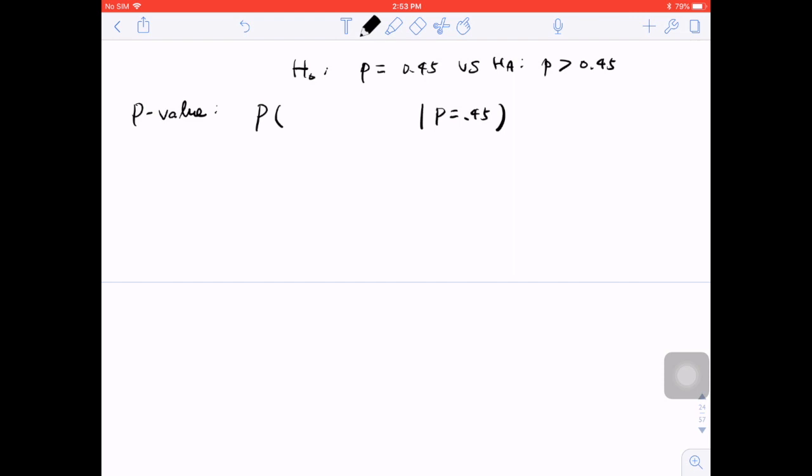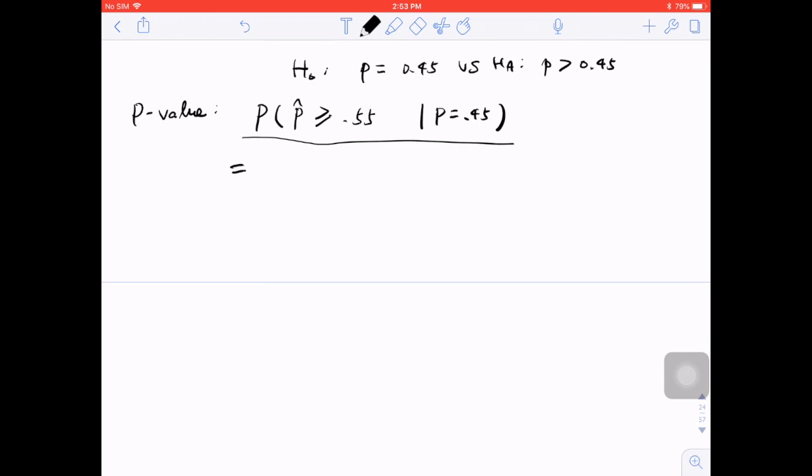And what we have observed is that p-hat is equal to 0.55. And if it goes more extreme, it means it's larger than 0.55. So what we have observed or more extreme means larger or equal to 0.55. So this is my p-value.